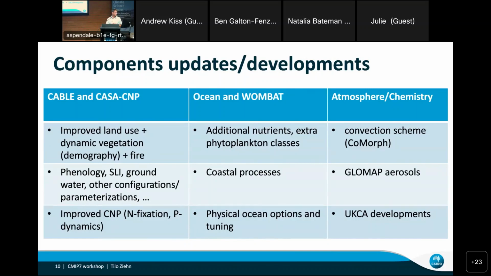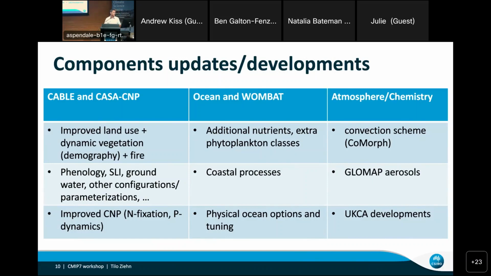There are other science components that have been developed by the Australian community that are either not in CABLE yet or are in a CABLE offline version, and where we might want to consider that there is value to get this into ACCESS as well. I listed some of them here, including improvements around our biogeochemistry scheme, CASA CNP.